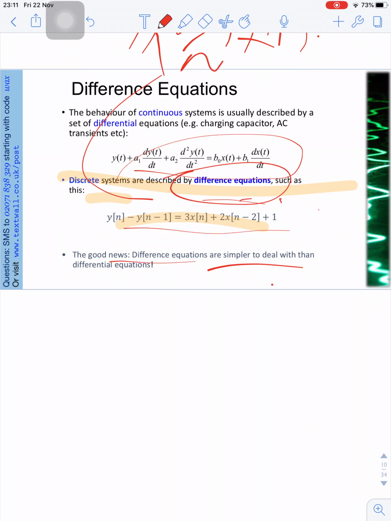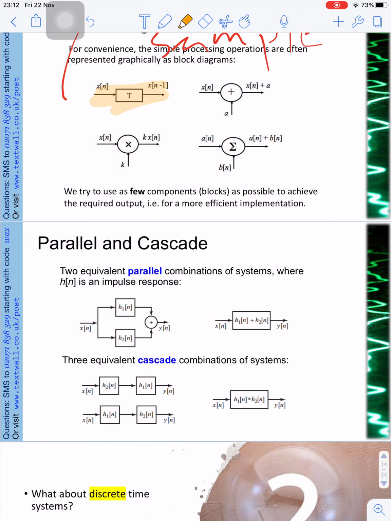So for example, look at this one: it's delayed by a time interval, by a period, and this one adds a constant to the signal, and this one is actually scaled by a factor, and this one makes a summation of both of them. It is worth noticing that add is only for a constant, and summation is adding variables.